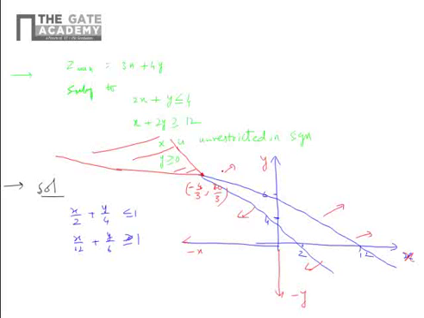We will get the optimal solution, that is the best solution, at point A, for example. So the solution region is unbounded, but it has an optimal solution.